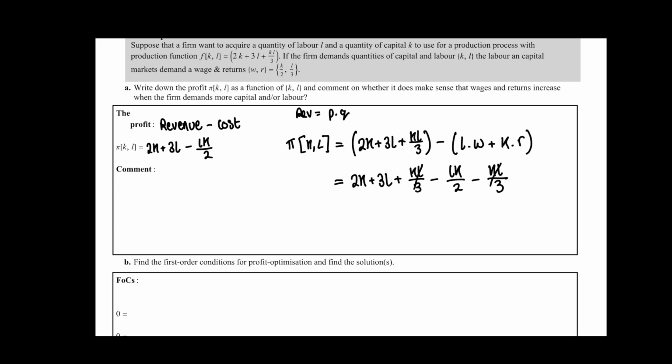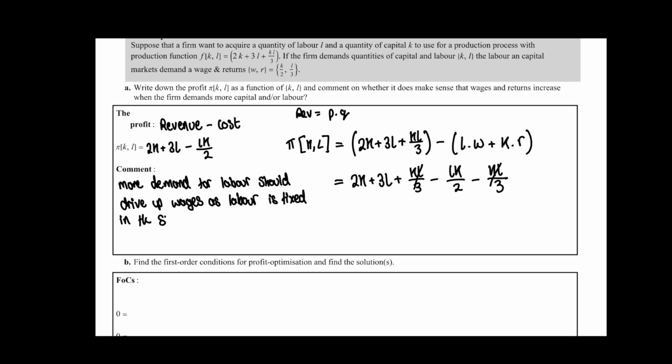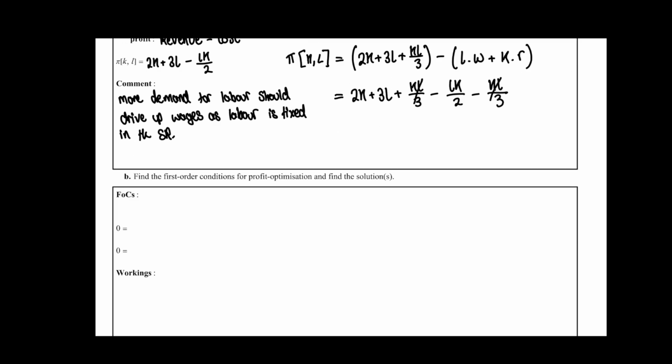As a comment on whether it does make sense that wages and returns increase when the firm demands more capital or labour, more demand for labour should drive up wages as there's only a fixed quantity of labour. So I'd write as labour is fixed in the short run. And this could also be said about capital.